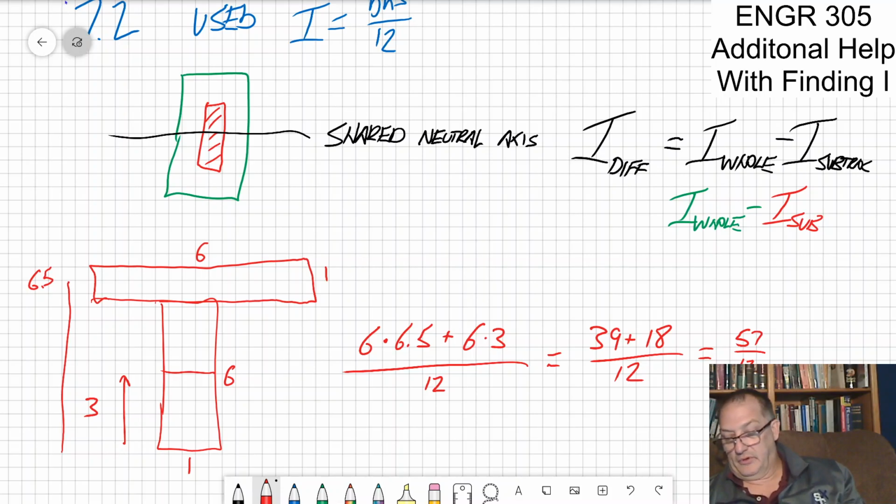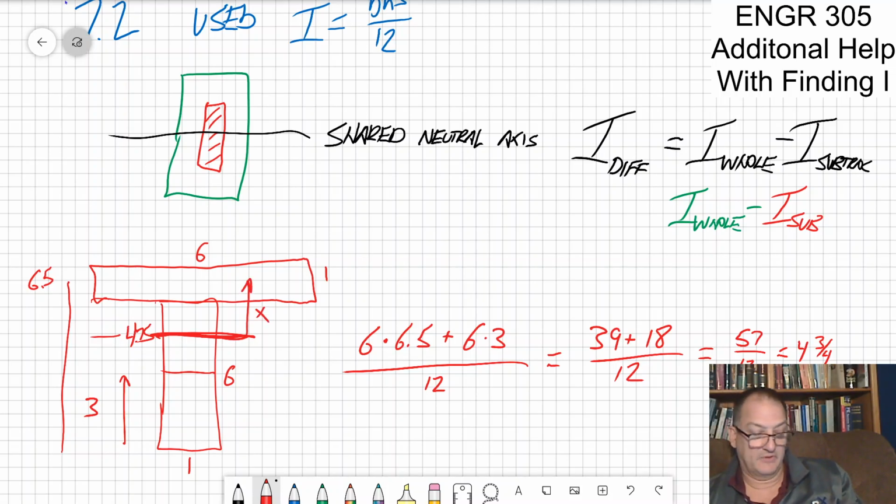It's 4 3/4, which is just the average of 6.5 and 3. That's 1.75 from there, and then 1.75. Yes, 4 3/4. So there's my new axis, the axis that I have to worry about.